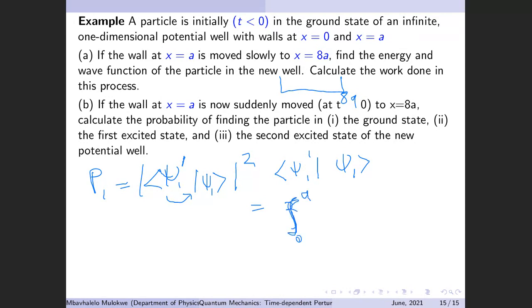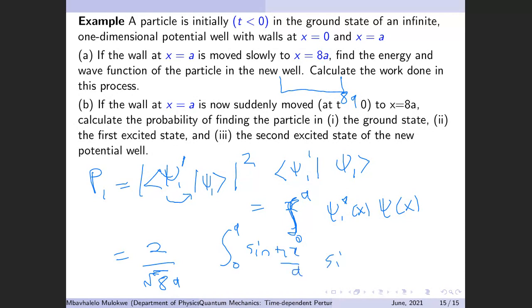So this is the integral from 0 to a of psi 1 prime of x, psi 1 of x. This gives you 2 over square root of 8a, integral from 0 to a of sine pi x over a, sine pi x over 8a. They are all in the ground state. The only difference is that the wall for one of them is 8a.